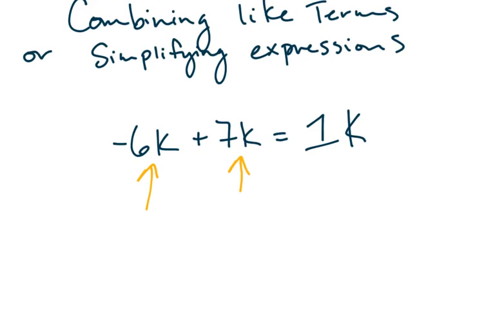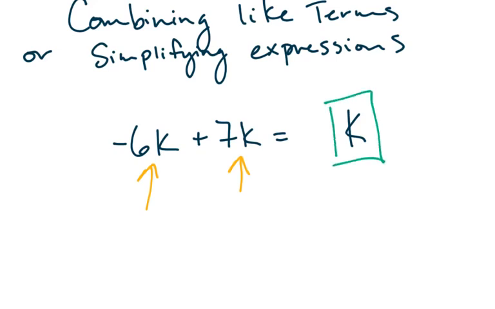My co-teacher, a friend of mine, likes to say mathematicians are lazy, and whenever they can take shortcuts, they do. And so we know that this is 1k, so we don't have to write 1k. So the answer would just look like that, just k.